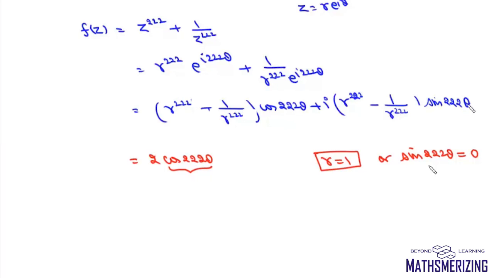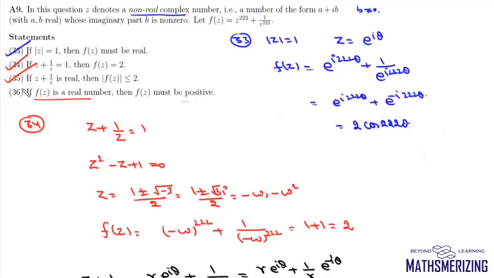And also if we take sine 222 theta as 0, then this cos 222 theta can be either plus 1 or minus 1. So this f(z) may be negative and it may be positive. So this statement 36 is not always correct. That means it is incorrect.